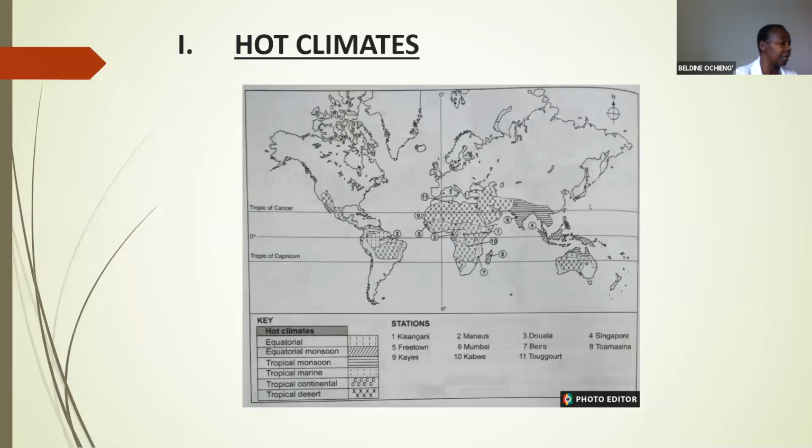Equatorial monsoon. I told you there are things that will give us a clue. Like when we talk of monsoon, we know monsoon are winds. These winds can be onshore or offshore. So that is a clue on the tropical monsoon. Tropical marine or tropical maritime.